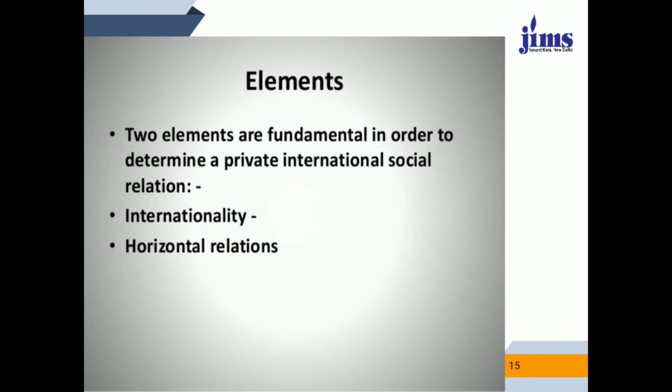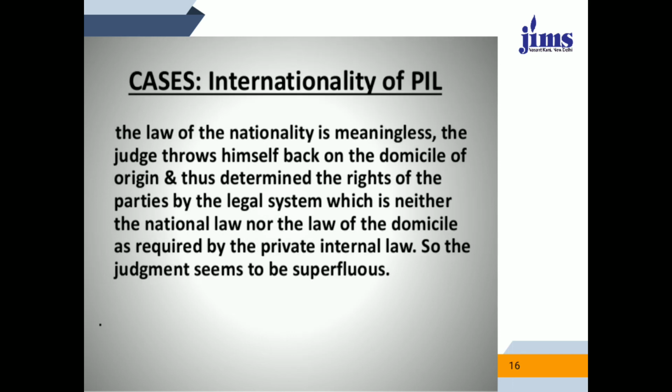Next we have elements. Two elements are fundamental in order to determine a private international social relation, which are internationality and horizontal relations. Now we briefly read both these elements. Now, there is internationality of PIL. What is it?